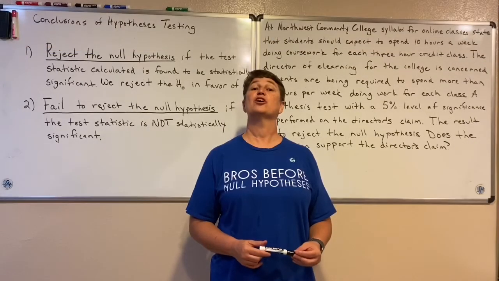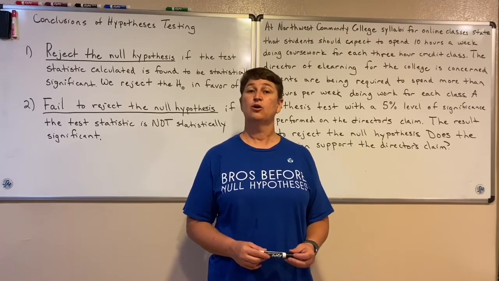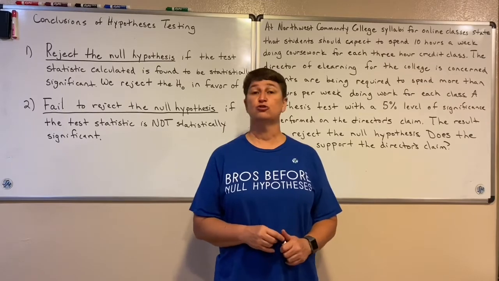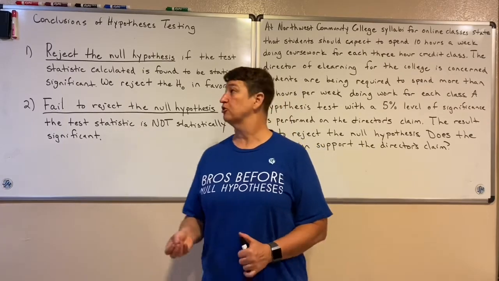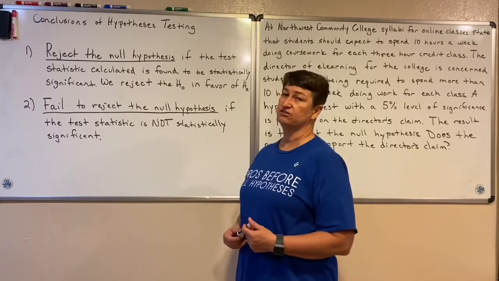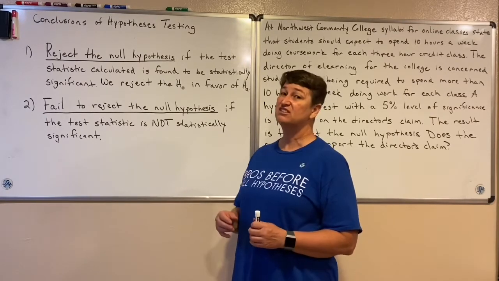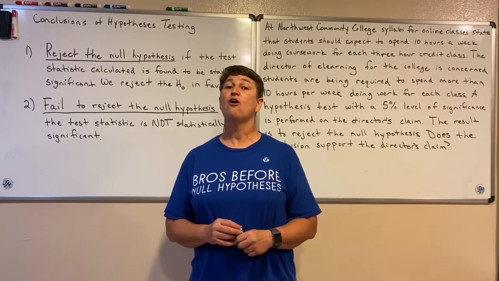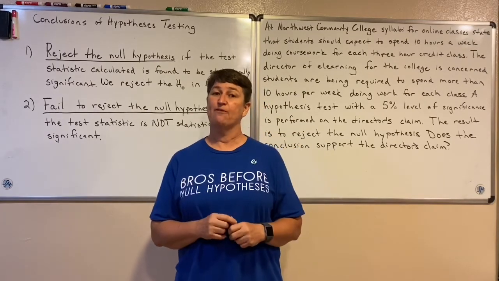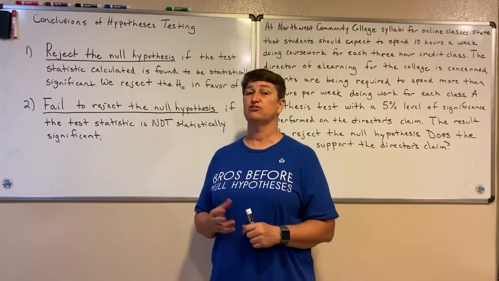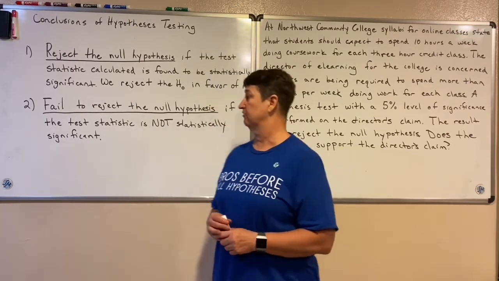Let's talk about the conclusions that we make when dealing with hypothesis tests. There are 2 different conclusions we can come to. The first is to reject the null hypothesis if the test statistic calculated is found to be statistically significant. In other words, it is far enough away from the population parameter for us to consider it statistically significant.